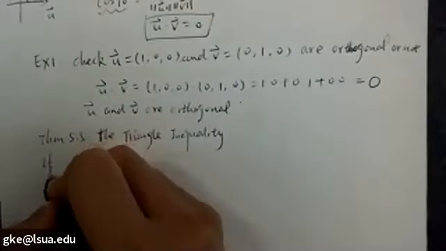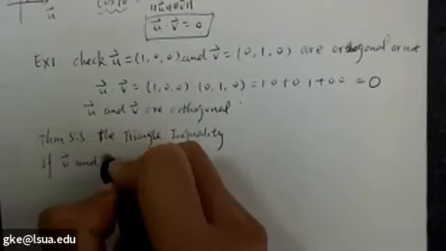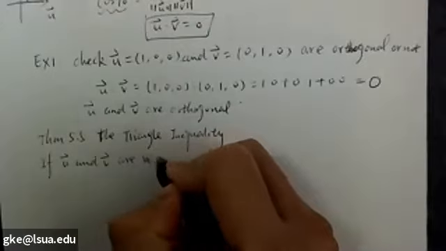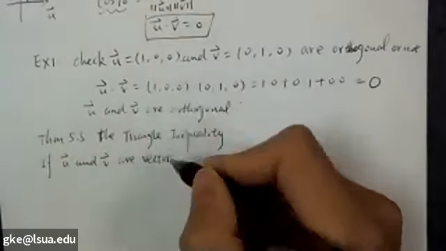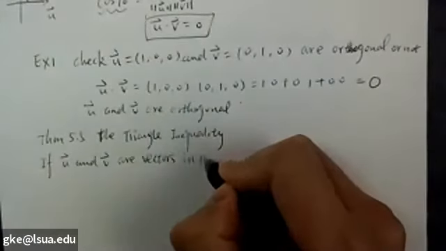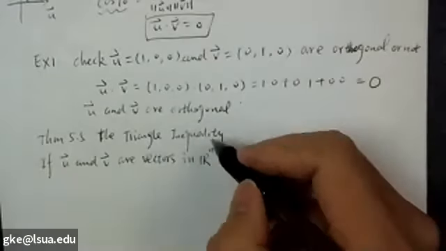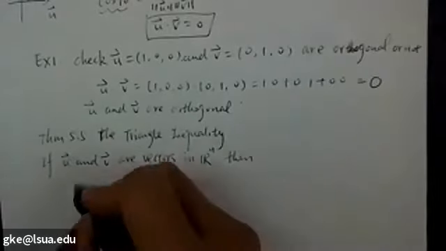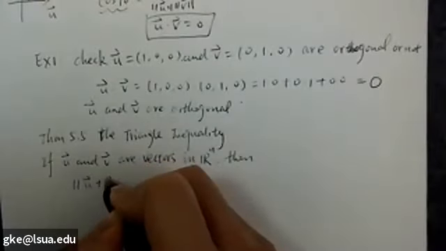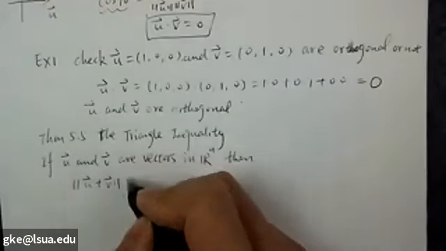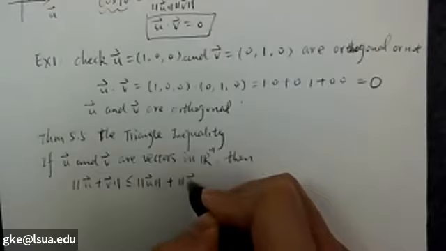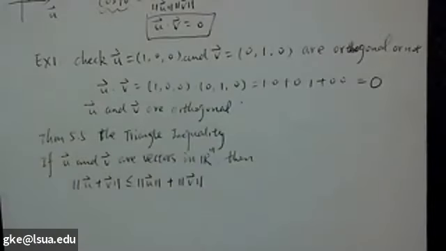If u and v are vectors in R^n, then we have these properties.